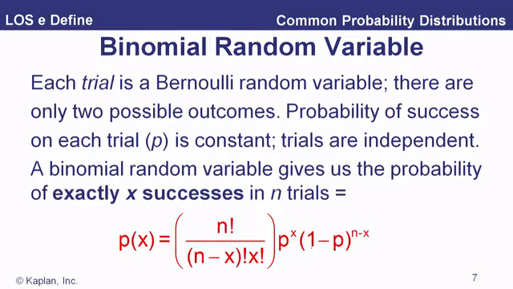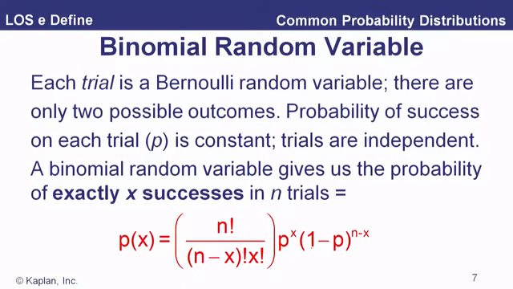Only 2 possible outcomes. Now we're going to do multiple trials here for our binomial. So we'll end up answering the question, in 5 trials, what is the probability of getting 4 successes out of 5 trials, or something like that?